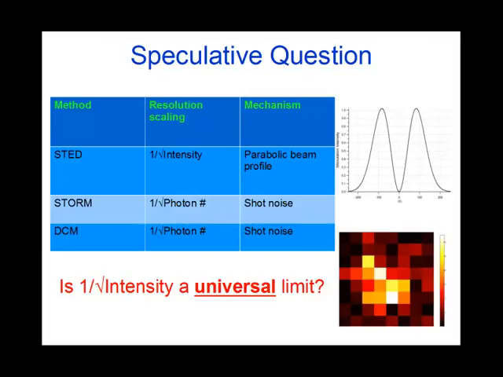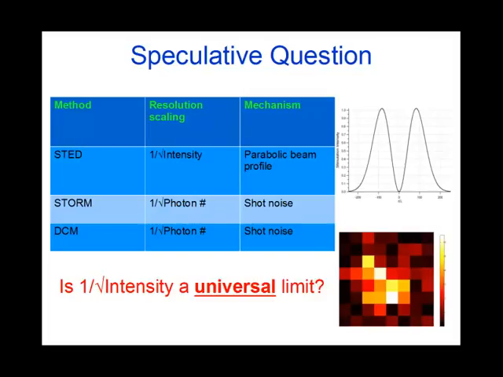different process. And so again and again, and there have been other things I've looked at, people get this 1 over the square root of something related to photon count. Is that a universal limit? If they all had the same mechanism, it would be obvious. But there are different mechanisms. And so a question that we're working on, a question I always love to discuss, and I hope to discuss with a few people today, is this universal?